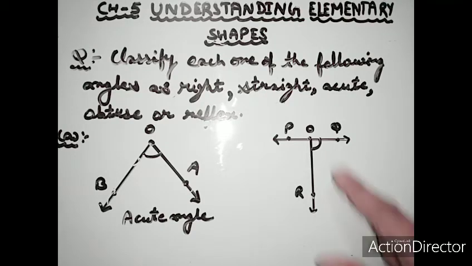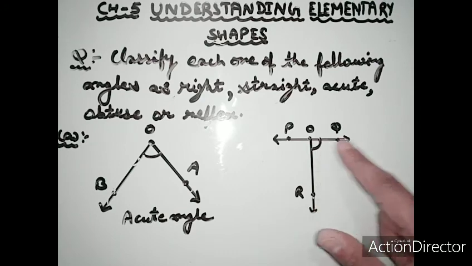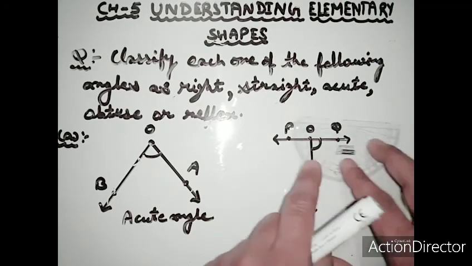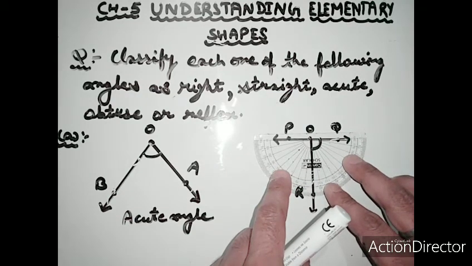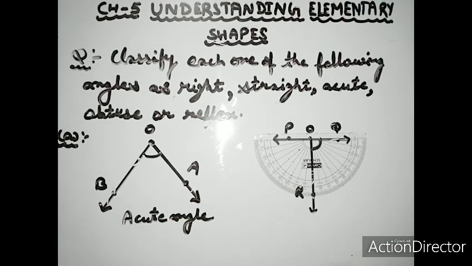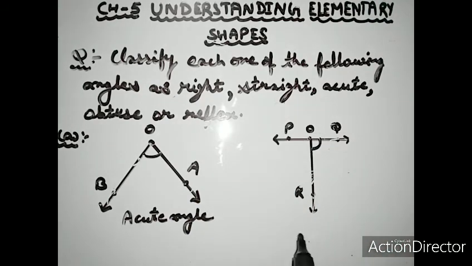Now here we measure this angle. What is the degree of this angle here? Now here we put the midpoint of this protractor on the point O, and now we measure. So it is exactly 90 degrees, right? A 90 degree angle is a right angle, right? So we say that this angle is a right angle.